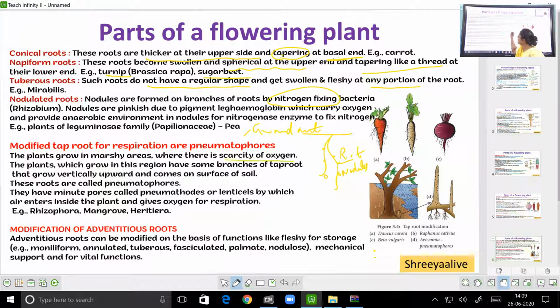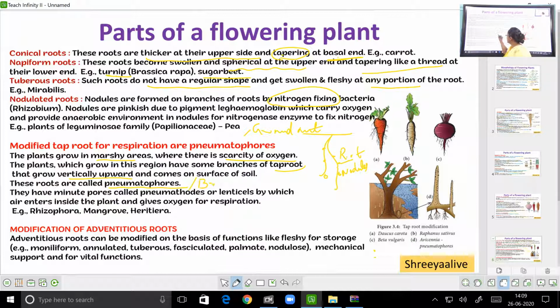Marshy area means a place where the soil is rich in salt content. These taproots grow vertically upward and come out of the surface of the soil. These roots are called pneumatophores, or breathing roots.